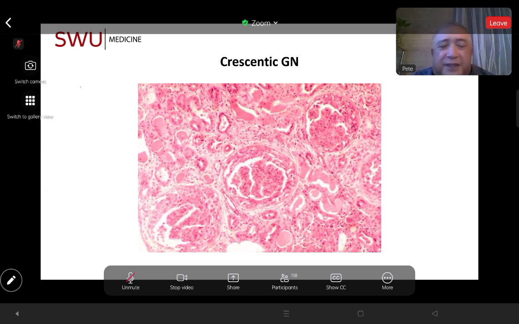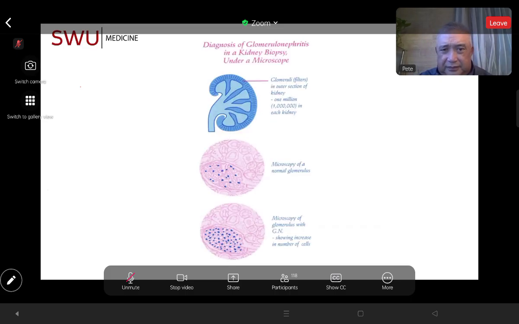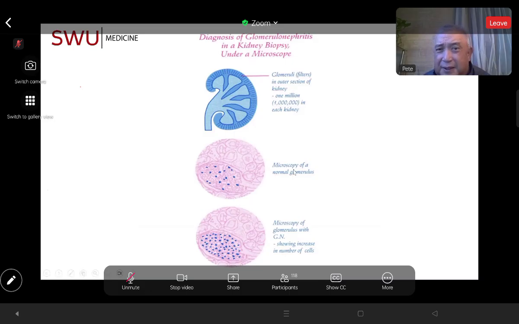For the sake of discussion, it's very important to remember that when there's a crescent, the condition is not good anytime. Do you follow me? So this is your kidney, your glomerulus in your kidney, and normally it is cellular.